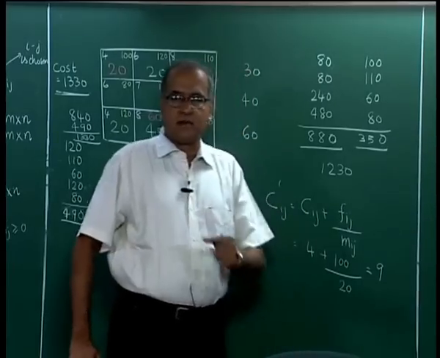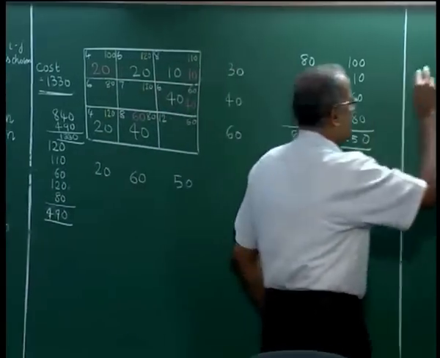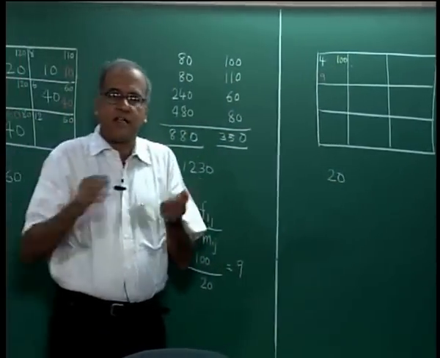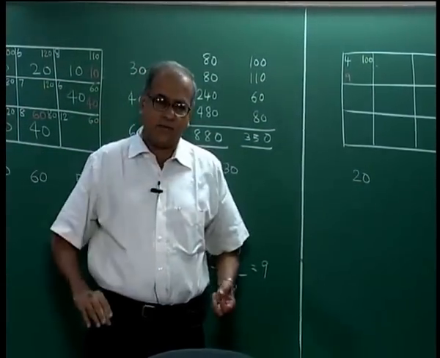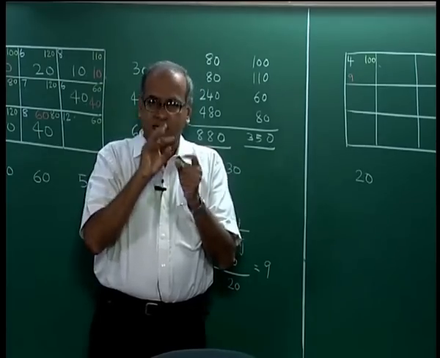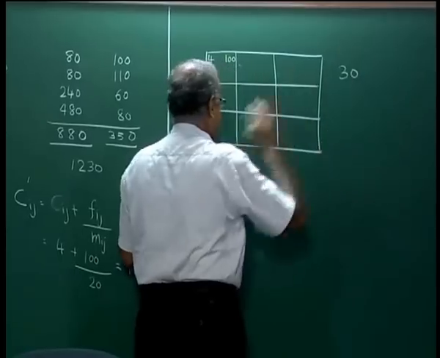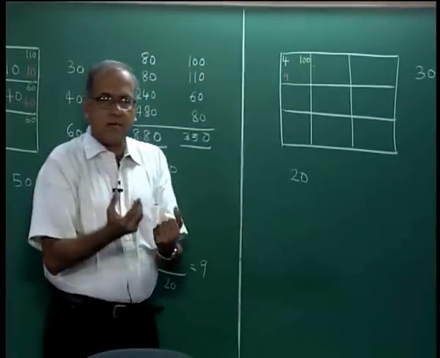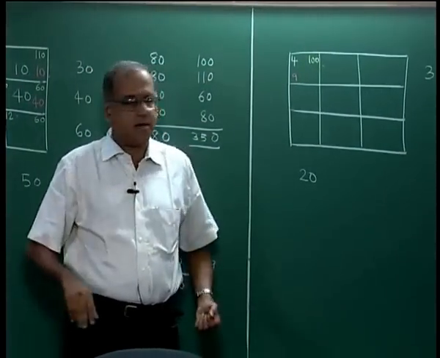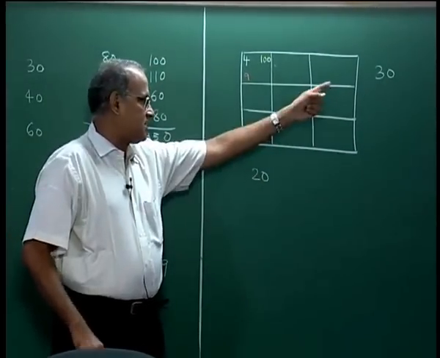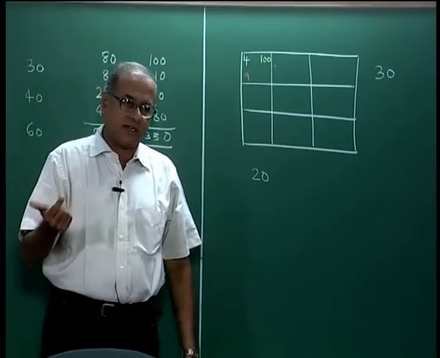The motivation comes from the fact that this fixed charge, if we are going to use this to transport, we are incurring an additional charge of 100. This additional charge of 100 is used in transporting from this to this. The maximum that can be transported from this to this is the minimum of the two numbers 30 and 20, which is 20.